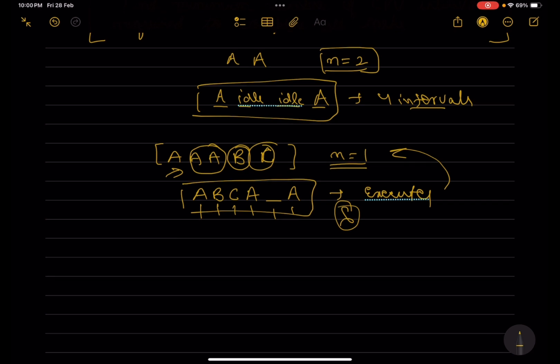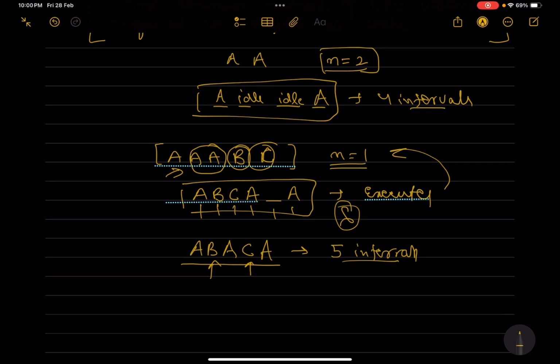Let's say the CPU first executes A, then B, then again A, then C, and then again A. In this case, we can see that between two same tasks there is always a gap of at least 1 interval. In this case, 5 intervals are taken by the CPU to execute all these tasks. So the answer to this question is 5.